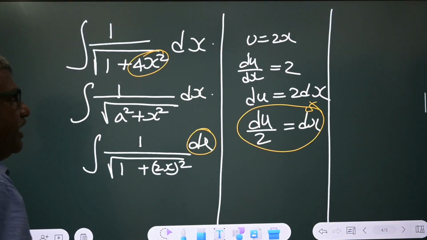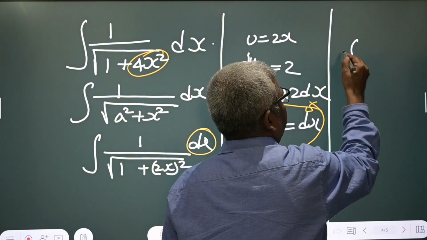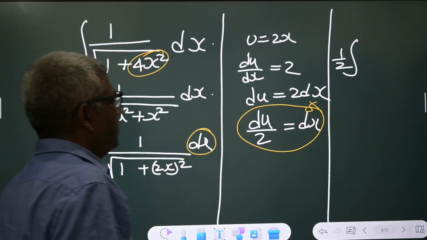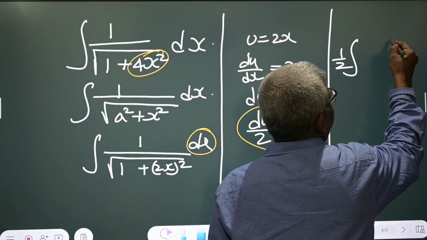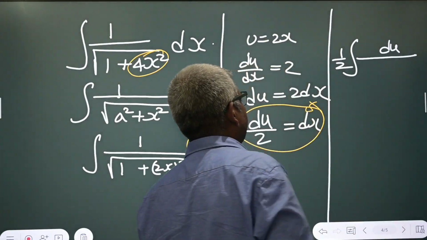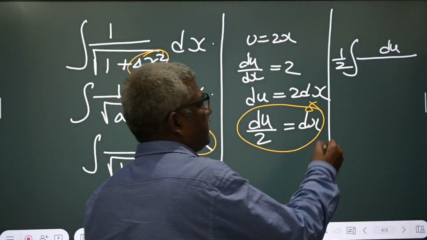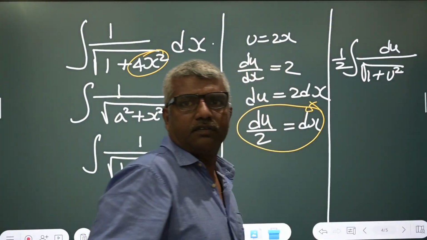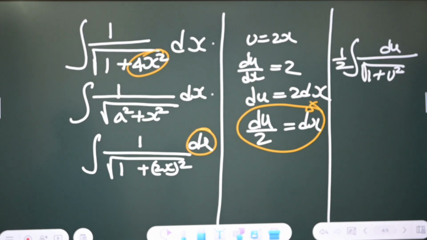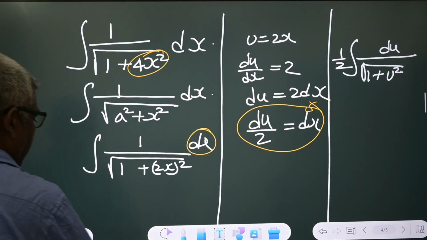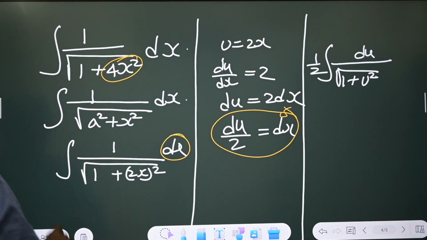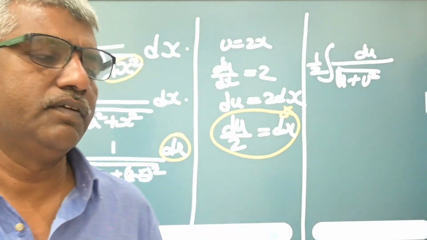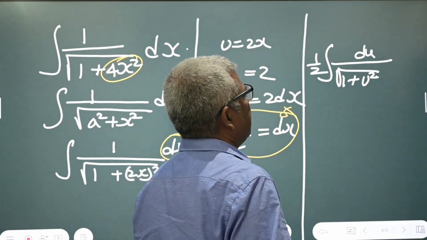Integration of 1 by 2 times du by root of 1 plus u squared. Got it, students? Yes, sir.